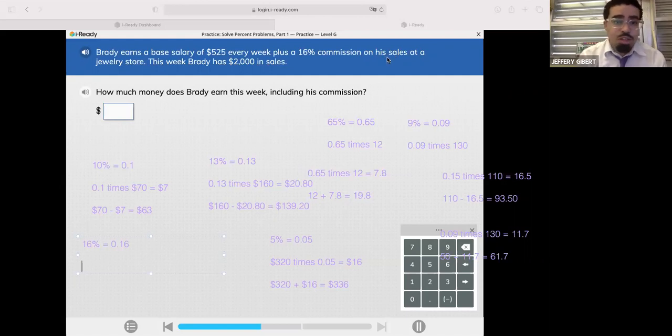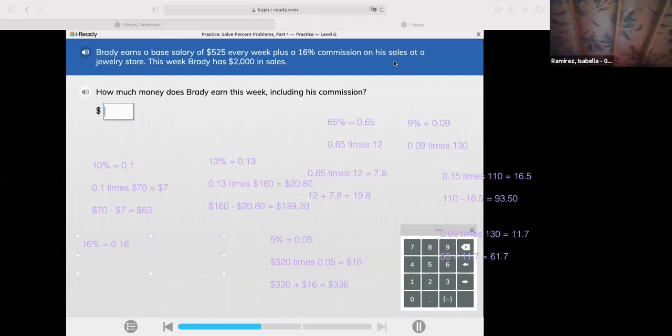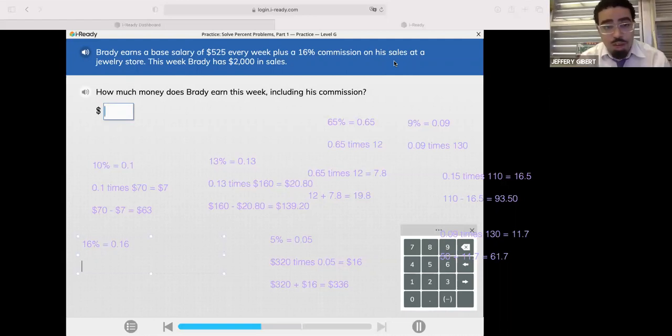So how much does it say Brady makes in sales? The total or the sales? The sales. 525. No, it says the 525 is the base salary. But in the last sentence, it says this week Brady has $2,000 in sales. So now that means we got to do 0.16 times $2,000. And what's that give you when you do that?